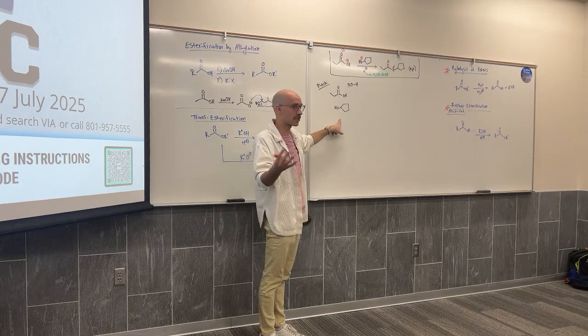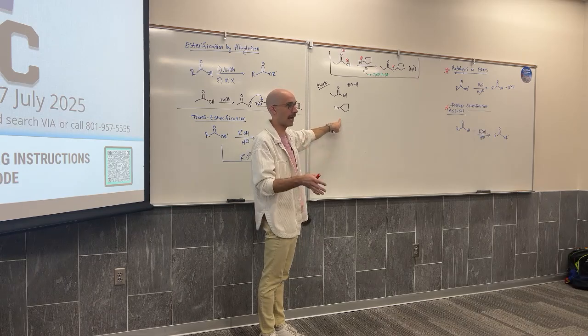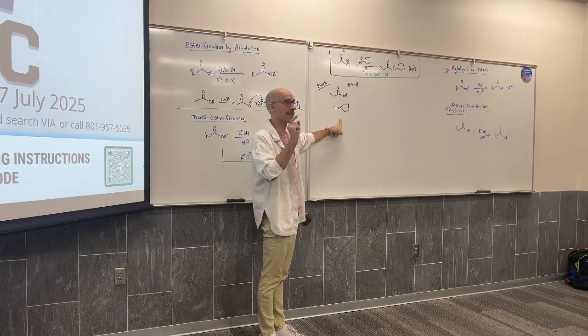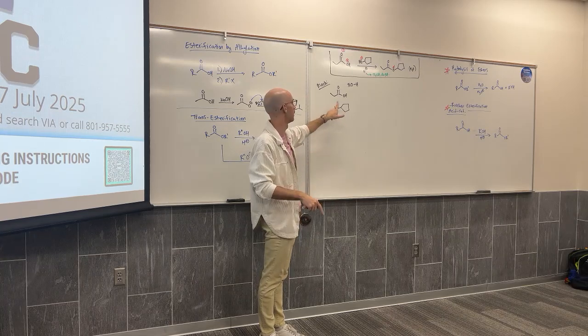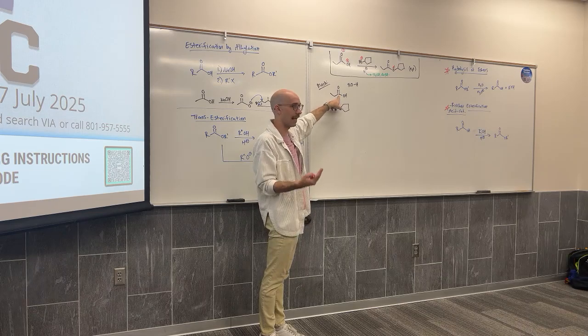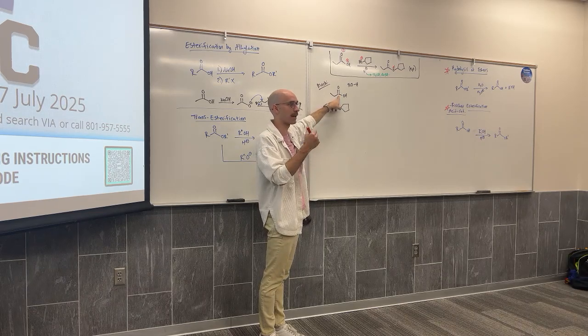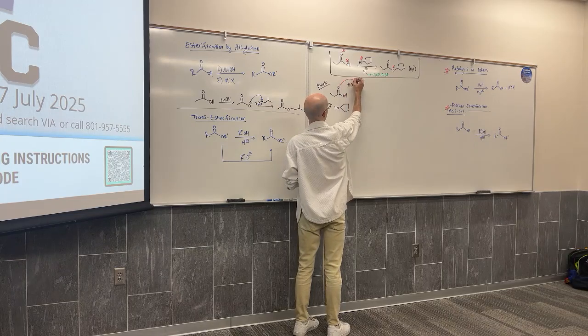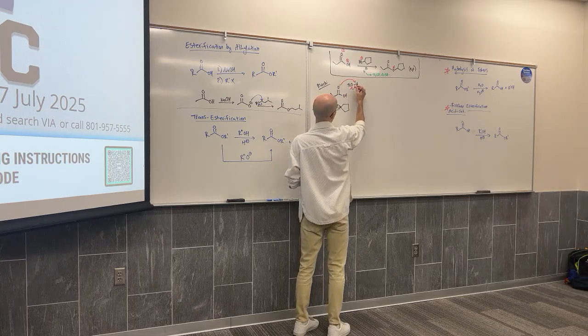In a reaction where things are hot and moving around and happening, all are possible, but only one is actually going to help our mechanism. I have a weak nucleophile, and I need to make my electrophile more electrophilic. That's only going to happen if my carbonyl becomes protonated.